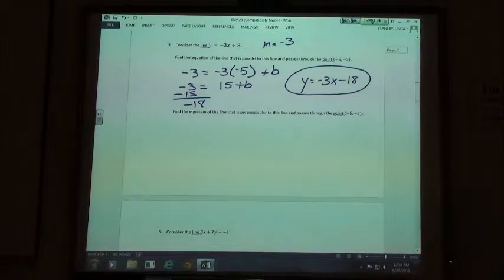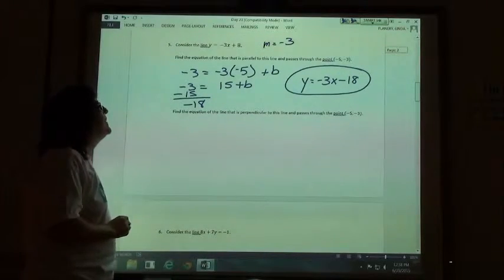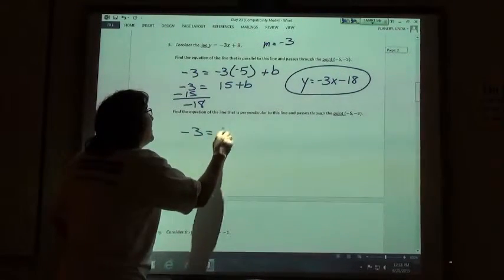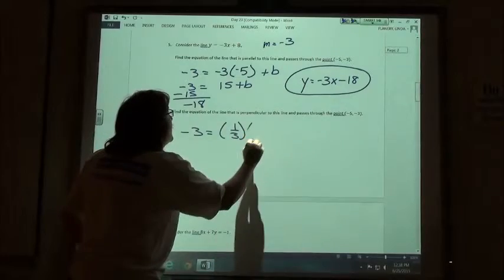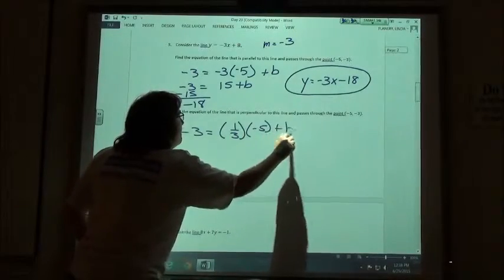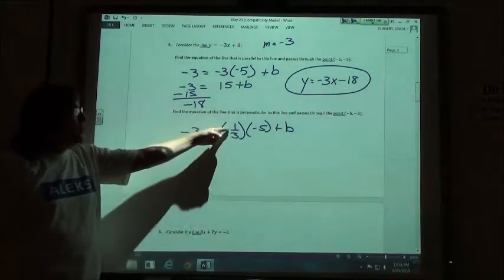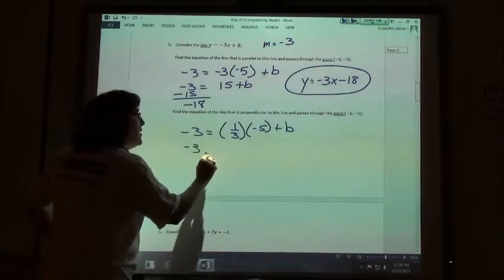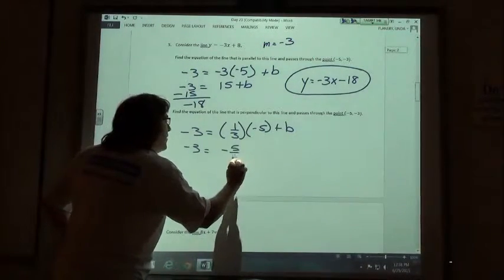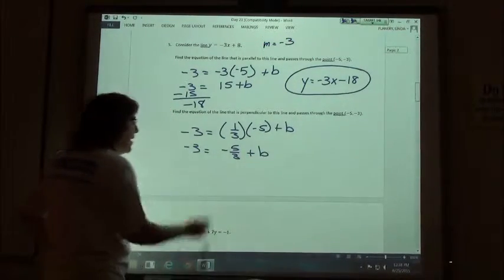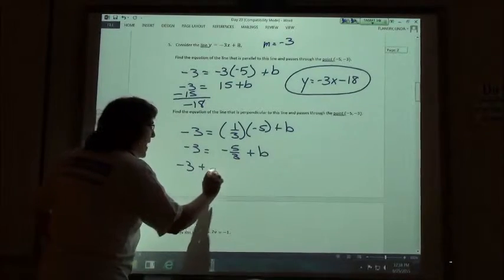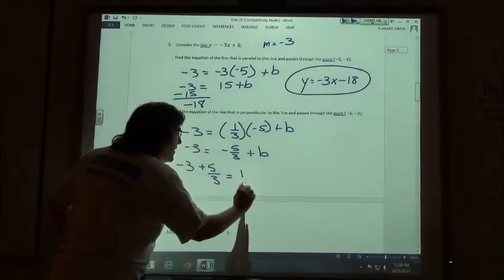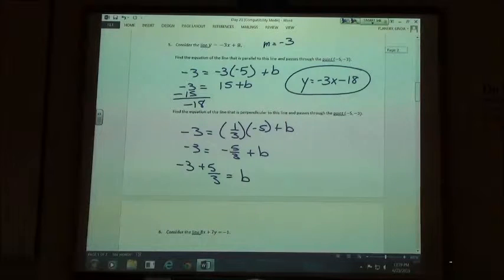For my perpendicular line, I'm going to have what? So my new slope is going to be a positive 1/3, and then I got to simplify. So -3 is going to equal -5/3 plus b. I then have to take -3 and add my 5/3 to find out what b is.